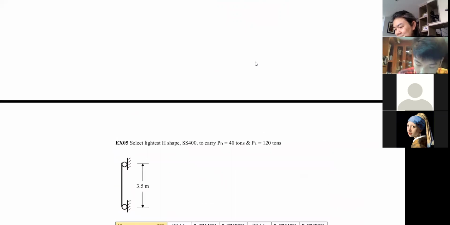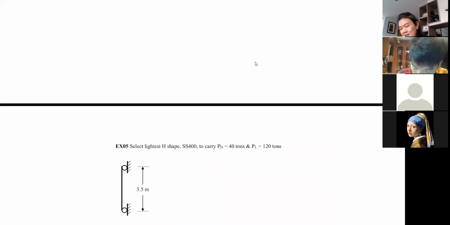Now let's conceal the table first. So the question is, now you have the member. Now you know how long it is going to be. And from the analysis, you could probably tell that this is the load that you will design your member for. So from the architectural drawings, you have the information about the length of the member.